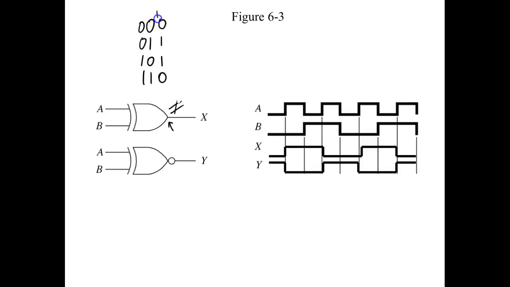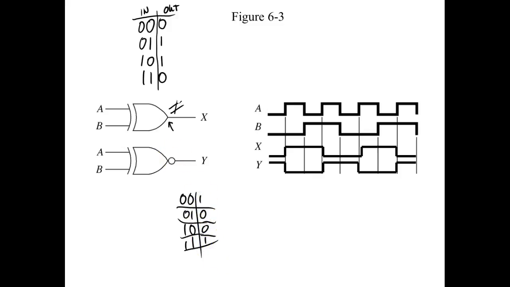So if I did the same thing, these are ins and these are outs, for the exclusive NOR, this says I get a low when they're not equal, so I'd come up and then I'd do that.